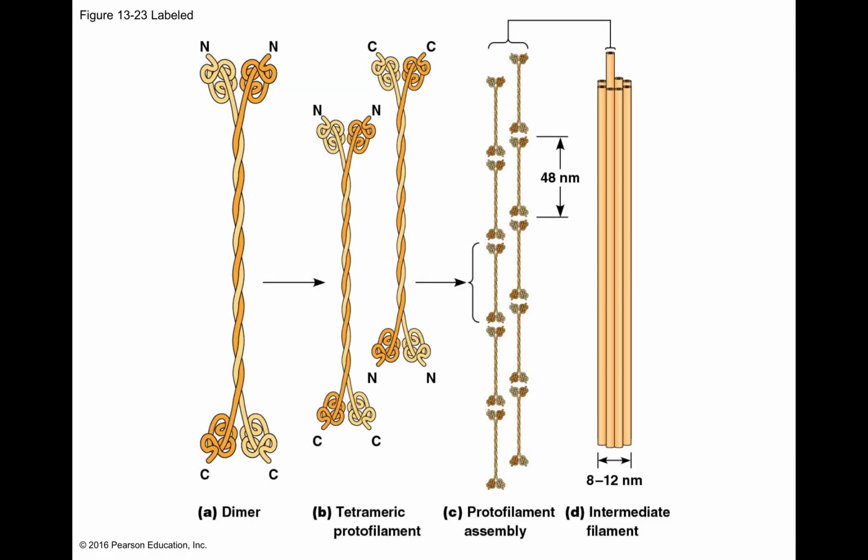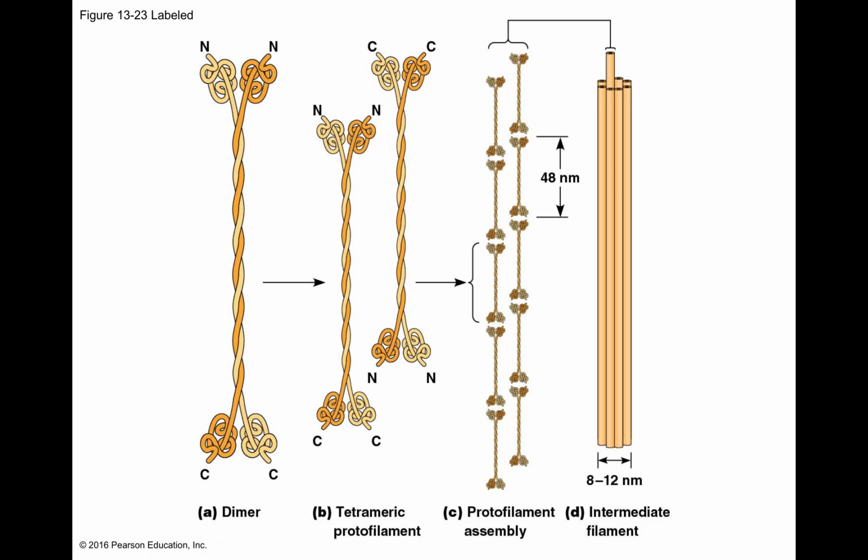An example of how you get from a protein to a filament in terms of intermediate filaments, you start off with a dimer, so two copies of the protein that intertwine with each other. These dimers can then form a tetramer, two dimers coming together to form a tetramer.